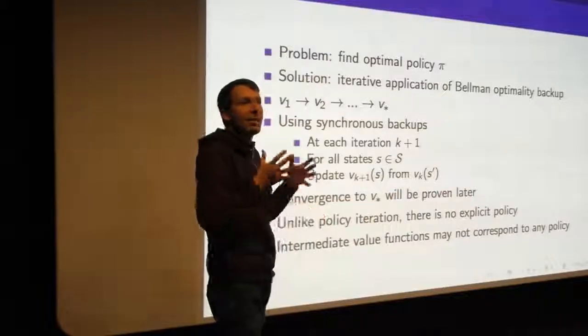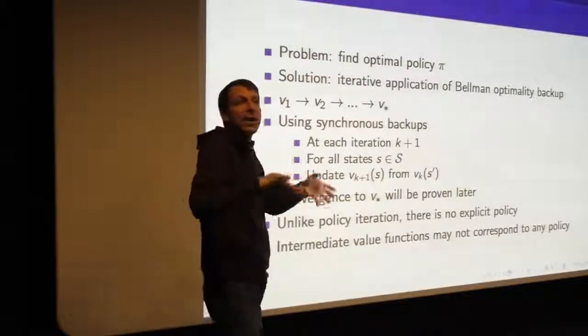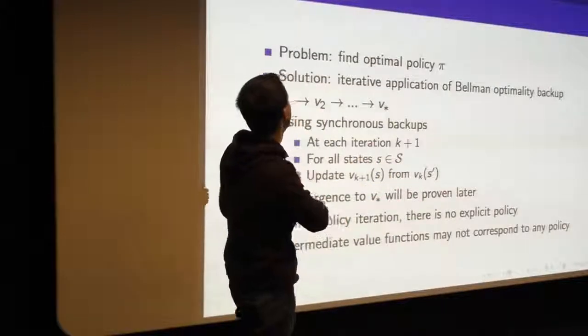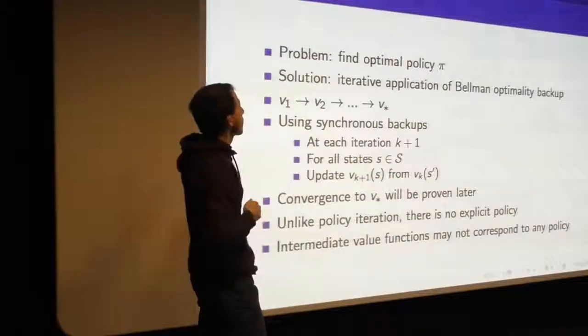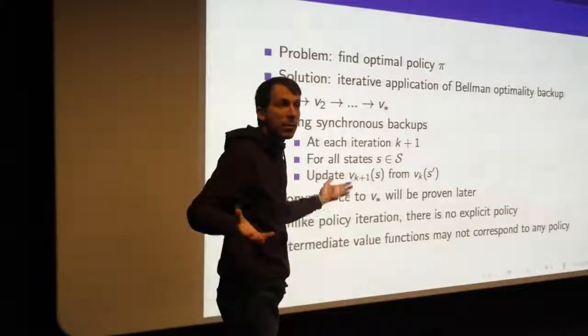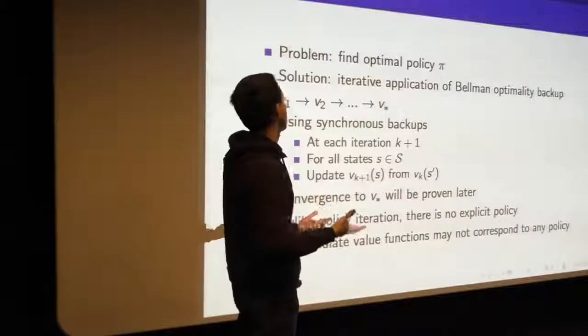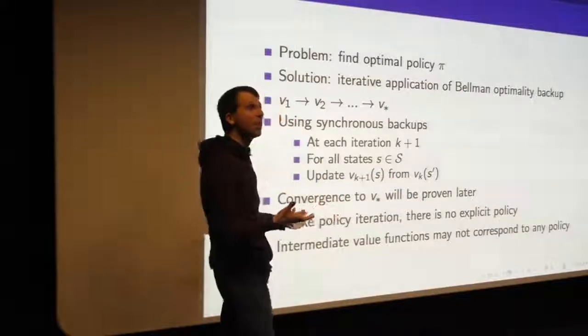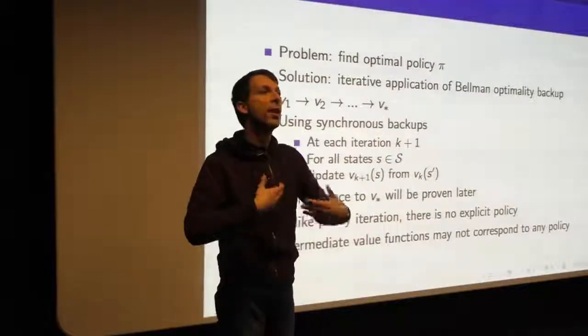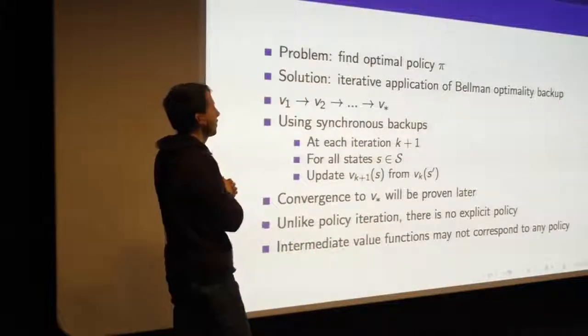So someone's giving you the environment, telling you how that environment works, giving you the source code that tells you exactly what's going to happen next. But what we want to do now is, given that someone has given us this MDP, we want to solve it. We want to find the optimal value function. So in the previous section we had policy iteration. Value iteration is another mechanism for solving the MDP.